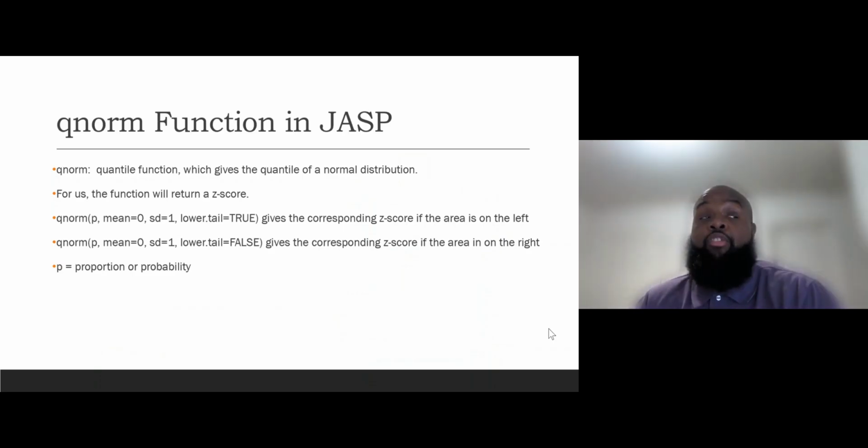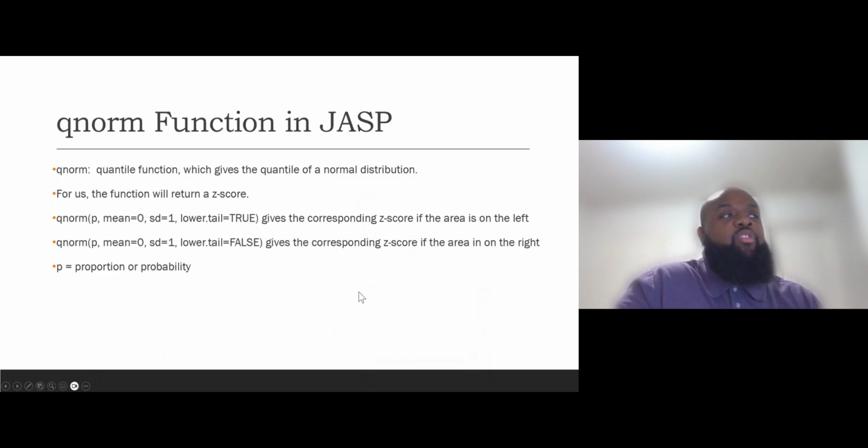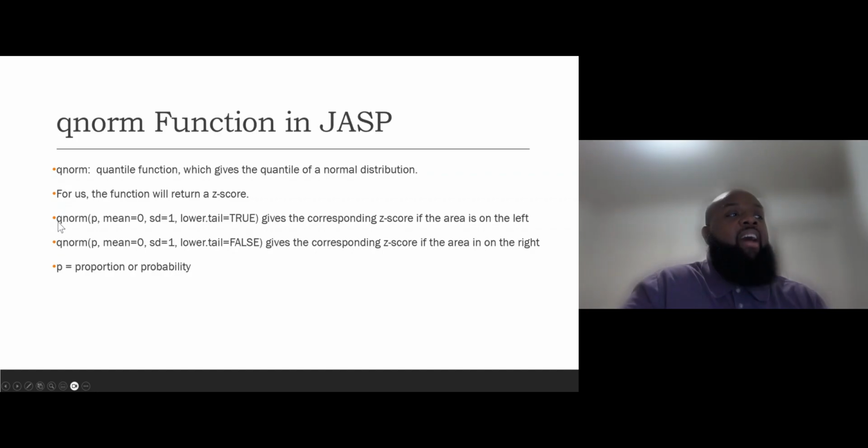For us, this function is going to return a z-score. The function works very similar to the p-norm function, but instead of spitting out a probability or a proportion, it's going to spit out a z-score.